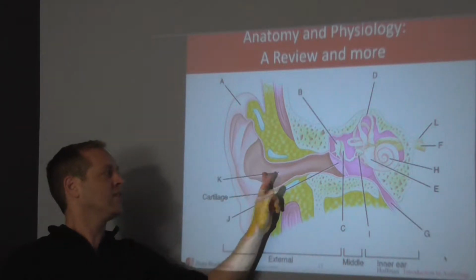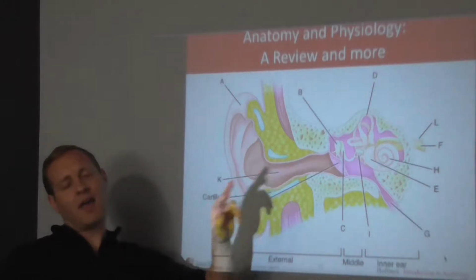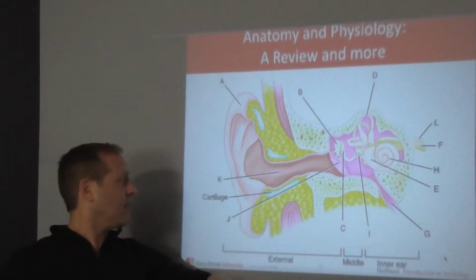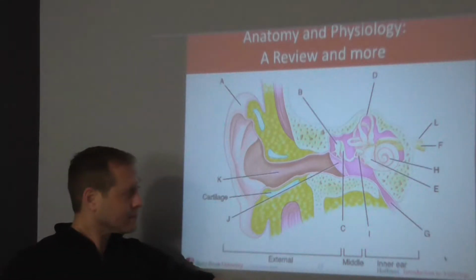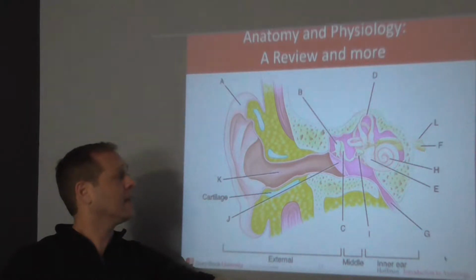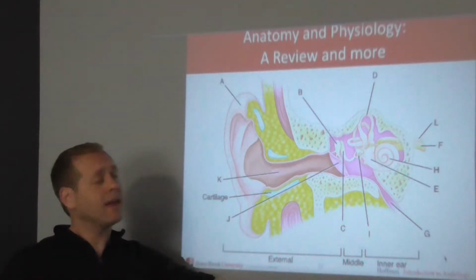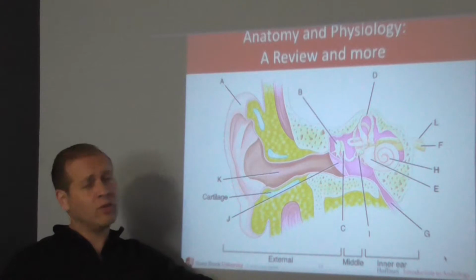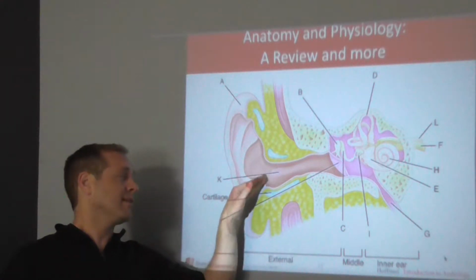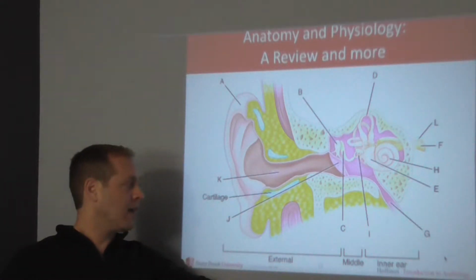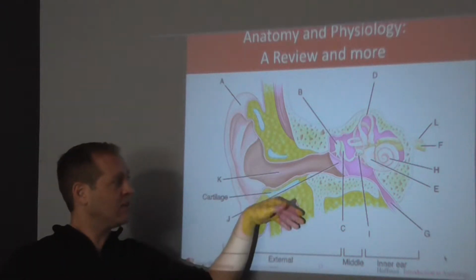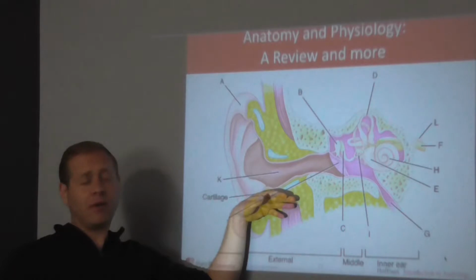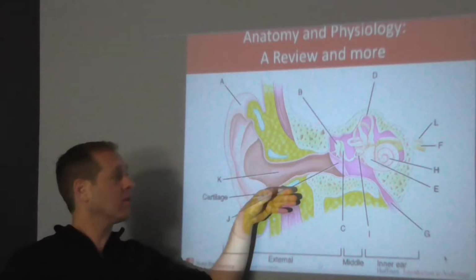That opening leads to a long canal. Okay, that is known as the external auditory meatus, and that is labeled here as K. The external auditory meatus, or the ear canal, okay, is the entranceway to the middle ear. It's a long canal, okay, that is housed at the outer third by cartilage, okay.